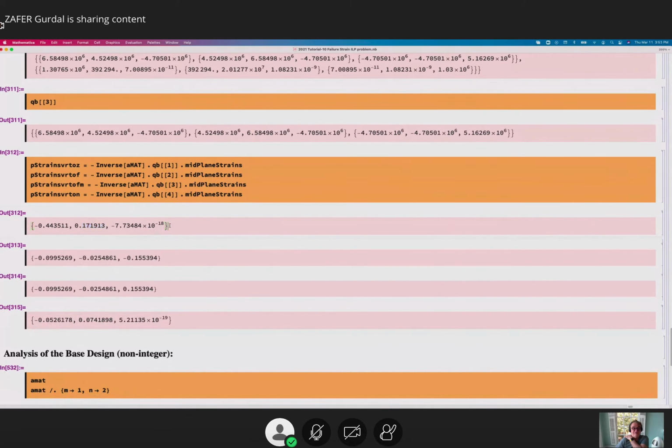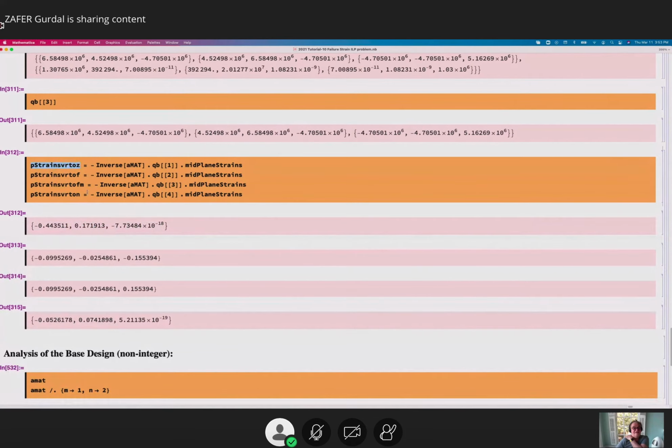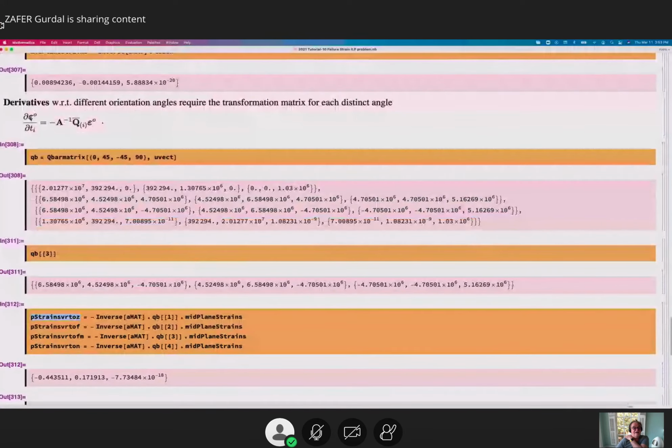Okay, so there are 3 values for each of these, because these are basically epsilon not 0, which is bold-faced here. This is epsilon midplane x, epsilon midplane y, epsilon gamma midplane xy of the ply with the 0-degree orientation angles.